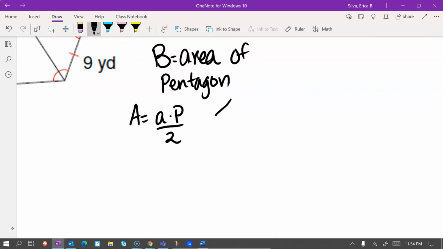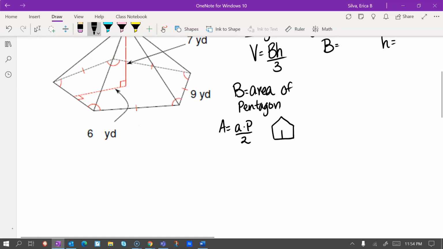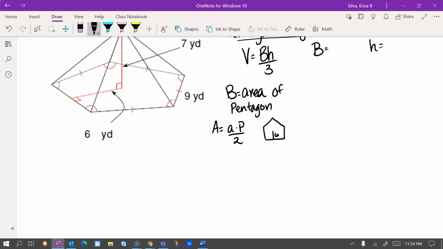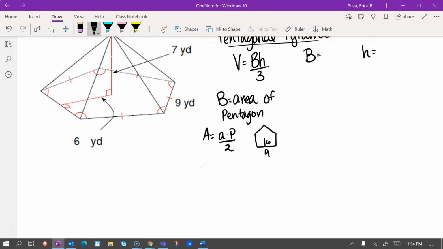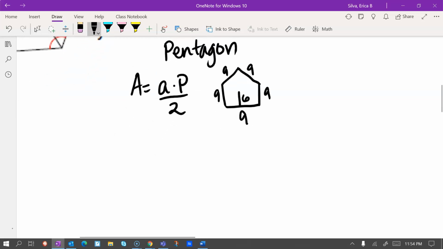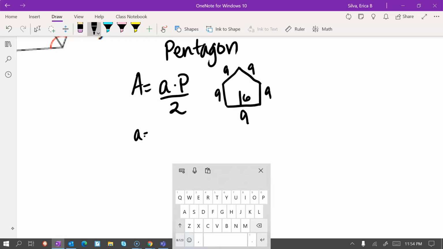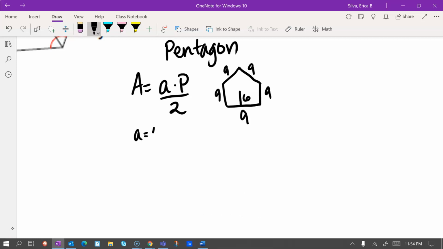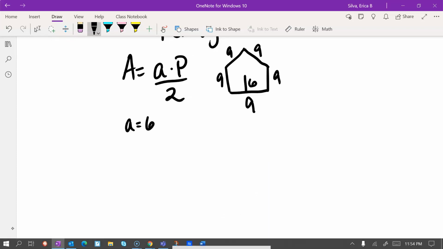And just like we've done before, we're going to redraw the base and its measurements. So this is going to be 6, and this one has a length of 9. Notice how it's a regular pentagon, which means that all sides are congruent, and they're all 9. So we have our A is 6, and then we have capital P. P is the perimeter.